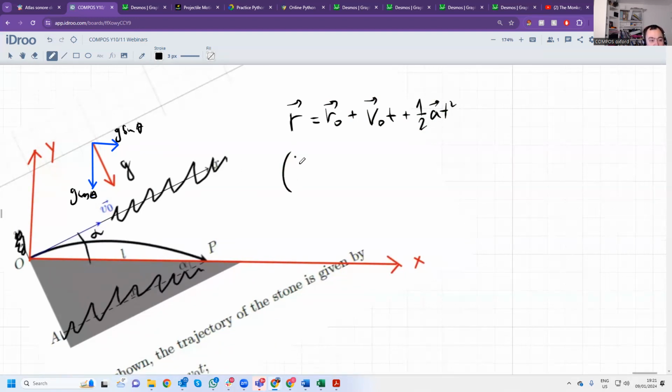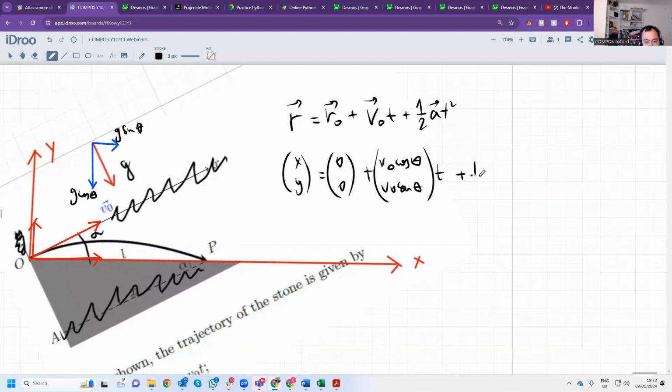And now x, y, we're going to rewrite this, is equal to x0, y0, that's 0, 0, that's easy, plus v0. Now we can split the velocity into components. This is v0 cos theta and v0 sine theta. So v0 cos theta, v0 sine theta multiplied by t plus 1/2.